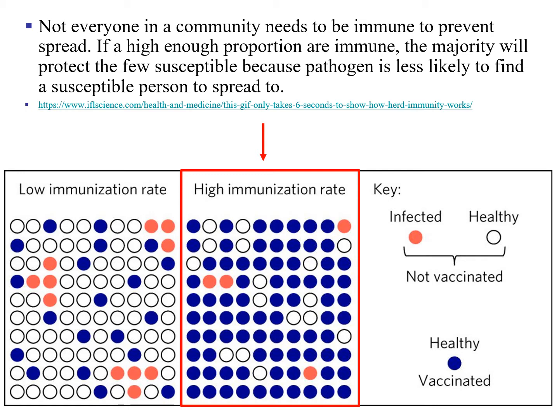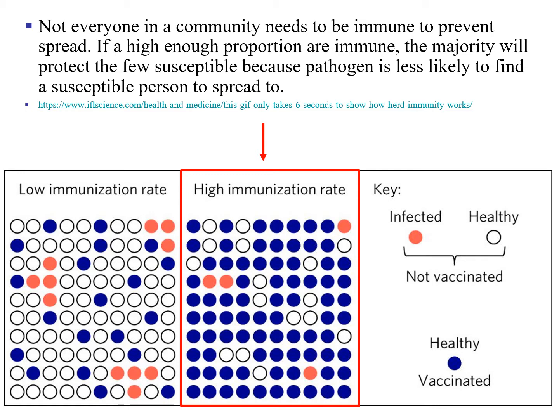If you look at this picture, the red square highlights one that I want to talk about. You have the red circles that are infected. The white circles are healthy individuals that were not vaccinated. And the blue circles are healthy individuals that were vaccinated. So if you look at the red one all by itself at the far right top corner, that infected individual can only spread it to one person, that healthy unvaccinated person.